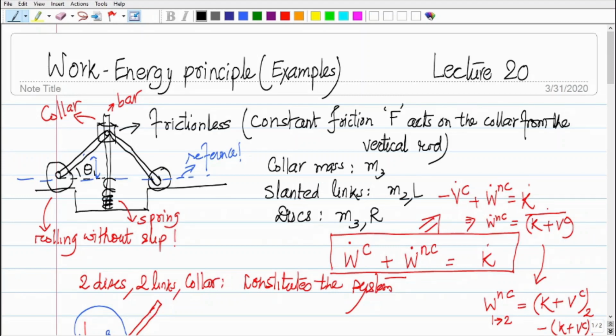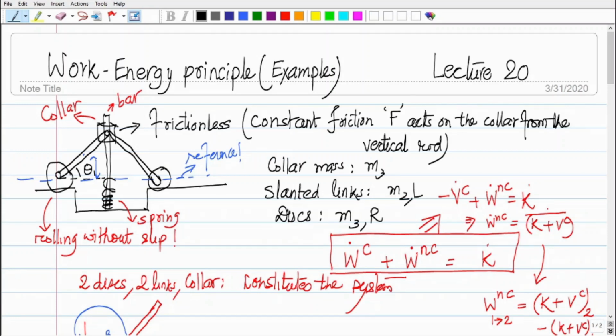It gets in touch with the bottom spring, and the collar will further keep on going down, and that's when the spring starts to exert force on the collar, and it's going to then decelerate the collar, and there will be a final theta at which the collar will then come to rest.